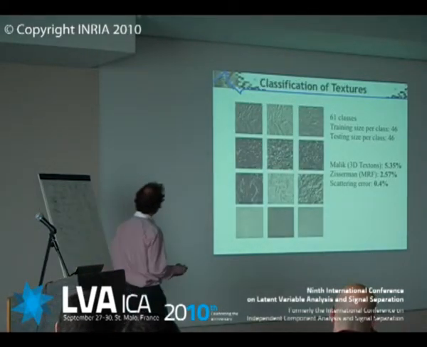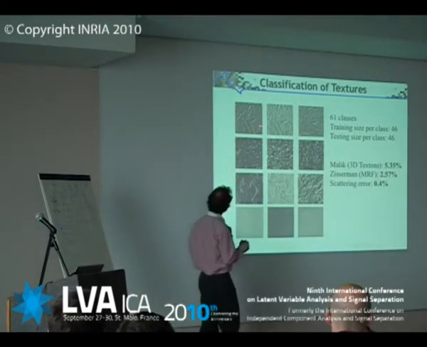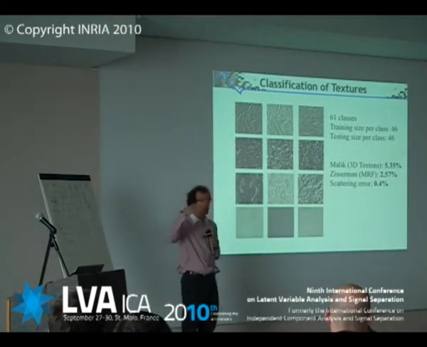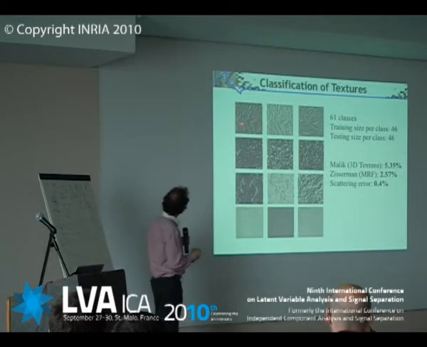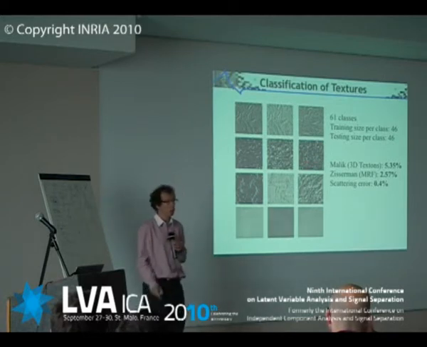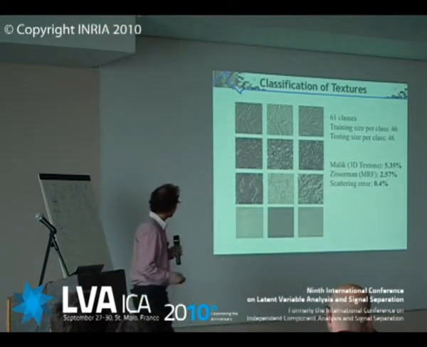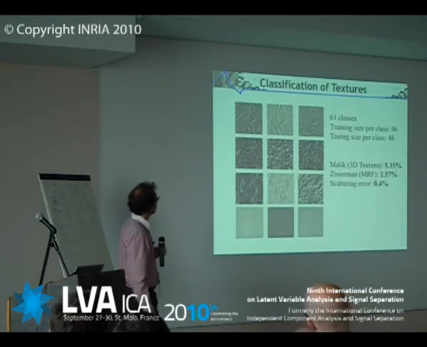This is a database of textures that was put together by Mallat. You have textures which are illuminated along different directions. Okay? So this is one texture class, second texture, third, fourth. They don't look so much alike within a class because of variation of illumination. So that's again a standard database, 61 classes, 46 elements per class, training set 46.